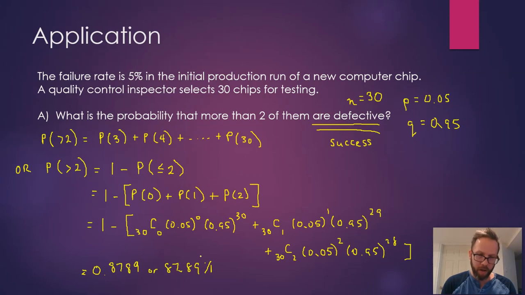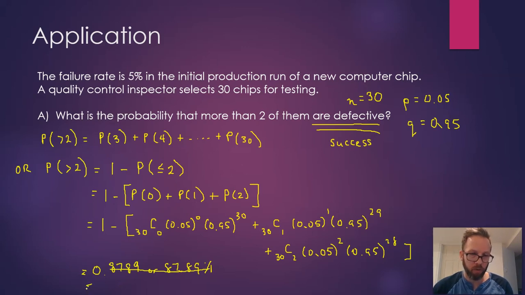So 0.95 to the power of 30 plus 30 times 0.05 times 0.95 to the power of 29 plus 30 choose 2 times 0.05 squared times 0.95 to the power of 28 equals. All right, so that is better. Matches what I got earlier.